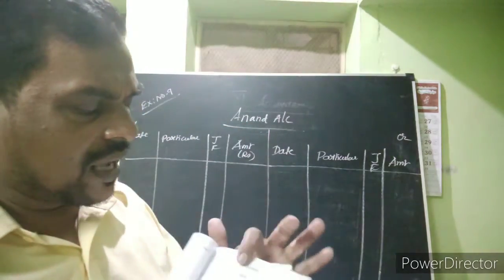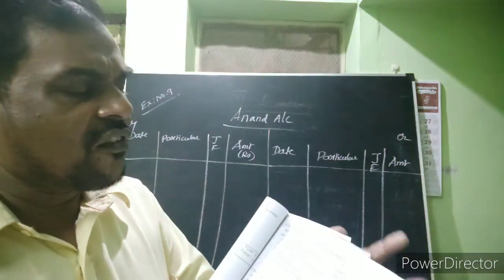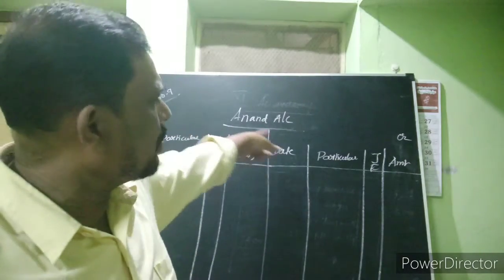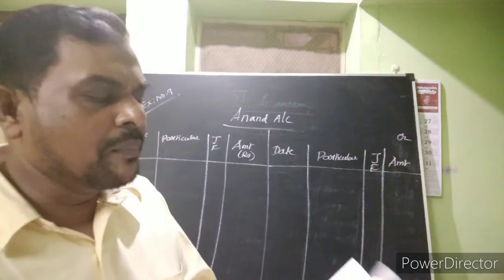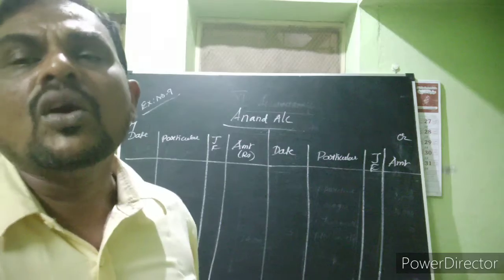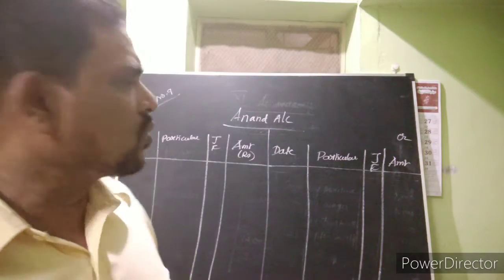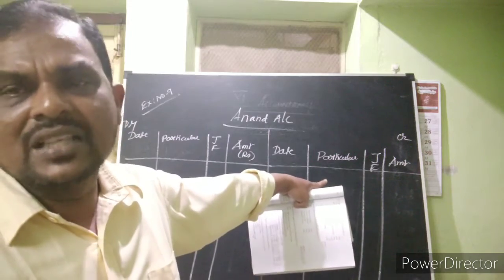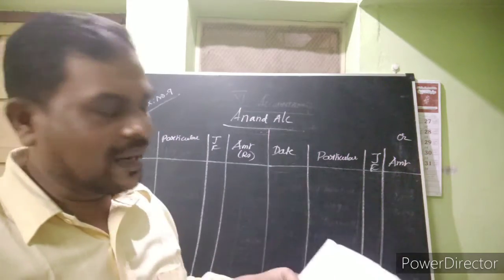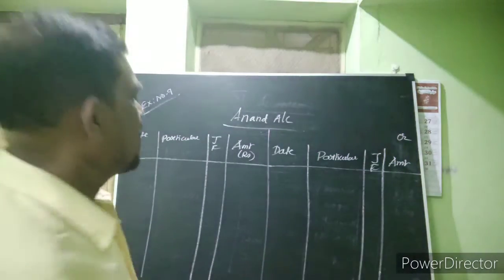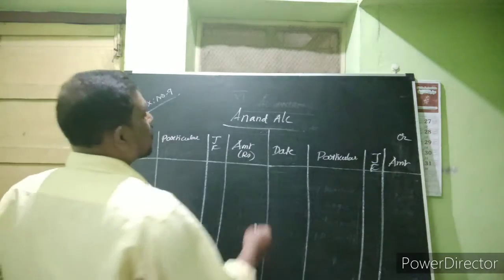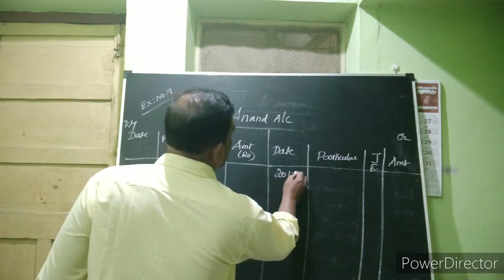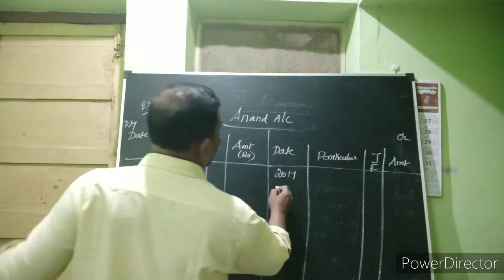He is already saying here a credit balance, so credit balance means credit side. Credit balance of Anand's account means the opening balance of Anand's account. So Anand's account is showing a credit side balance. That is the opening balance for this account. Okay, so what is the date? Date 2017 July 1.